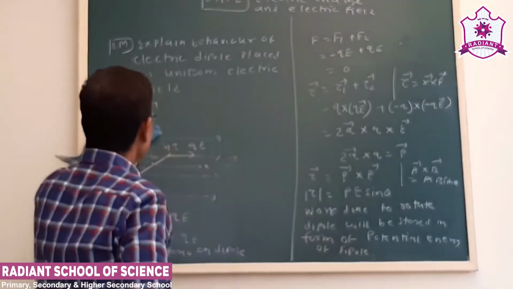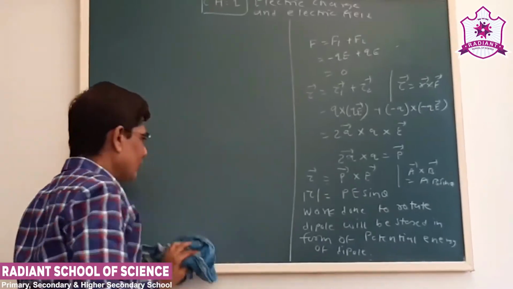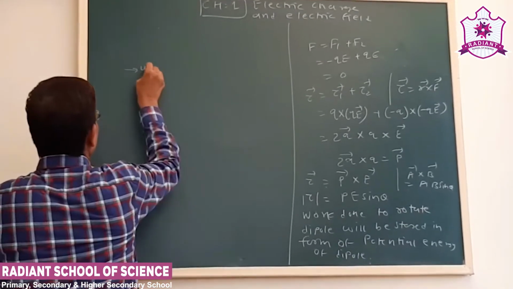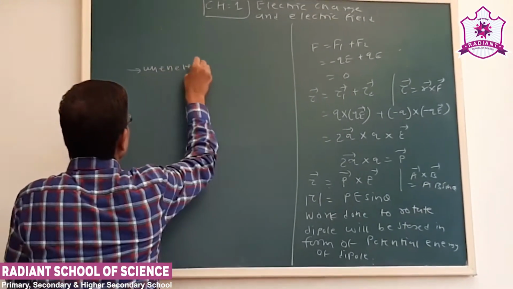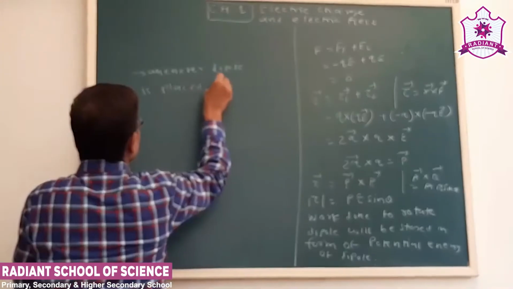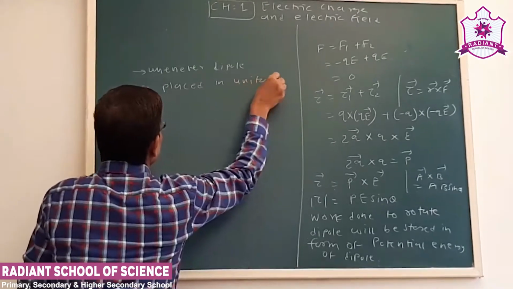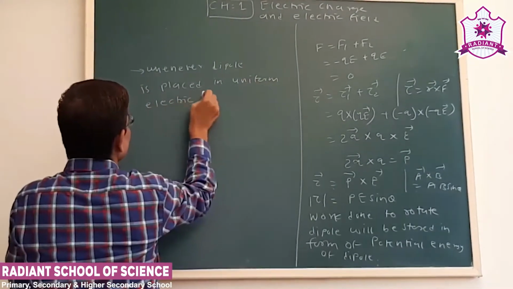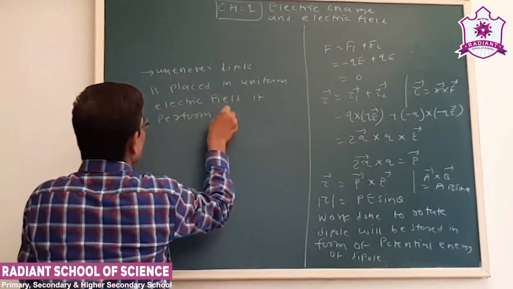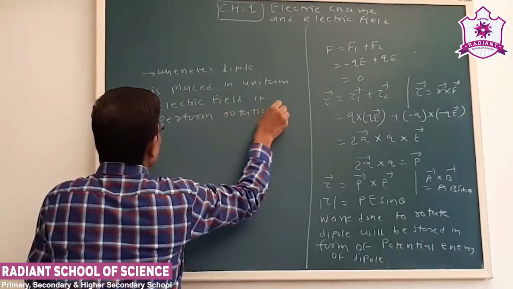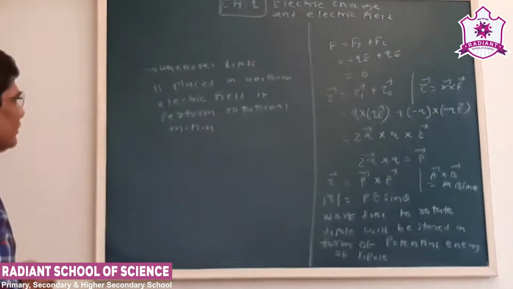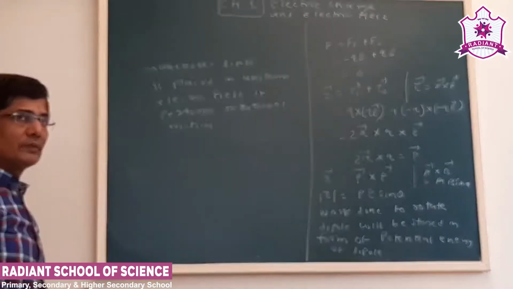So we can write like this: work done to rotate the dipole is stored in the form of potential energy. Whenever a dipole is placed in a uniform electric field, it performs rotational motion. This is about the behavior of the dipole in a uniform electric field.